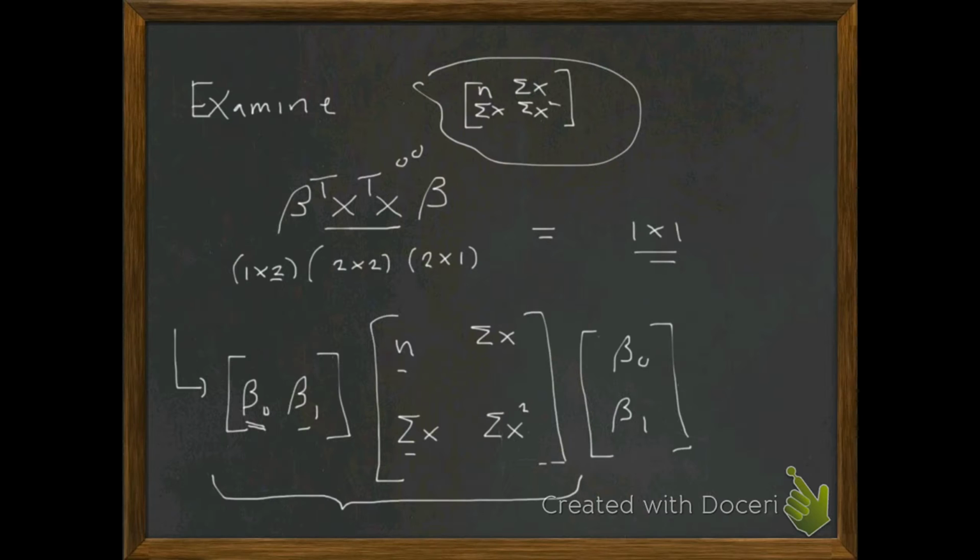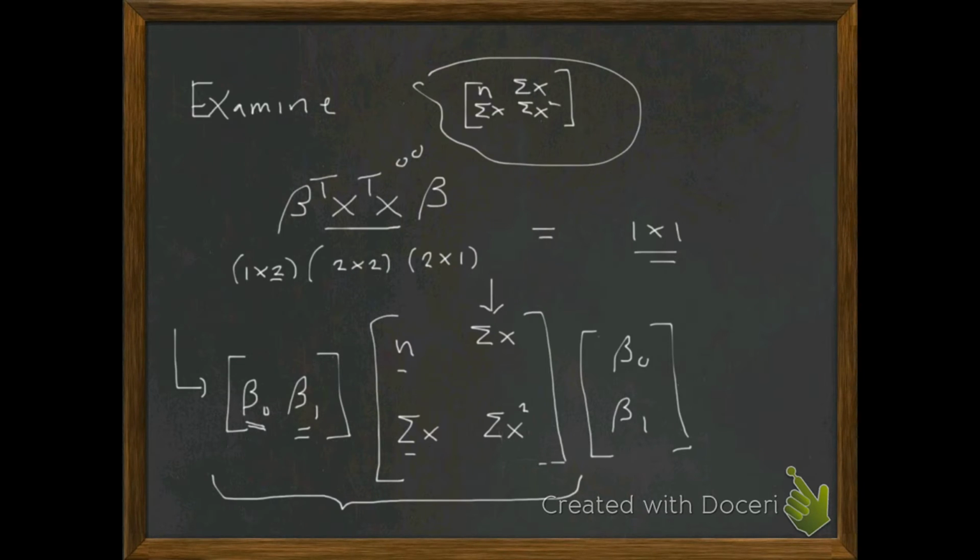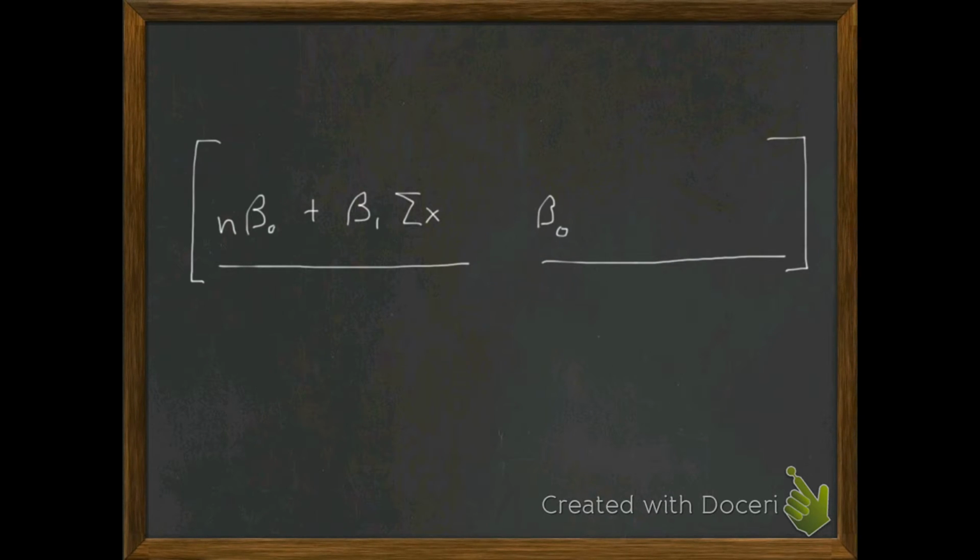And then when I take this row times the second column, doing a linear combination, I'm taking, for the first one, beta 0 times n, beta 1 times some x. And I'm taking the same row times the second column. So I get this, okay?